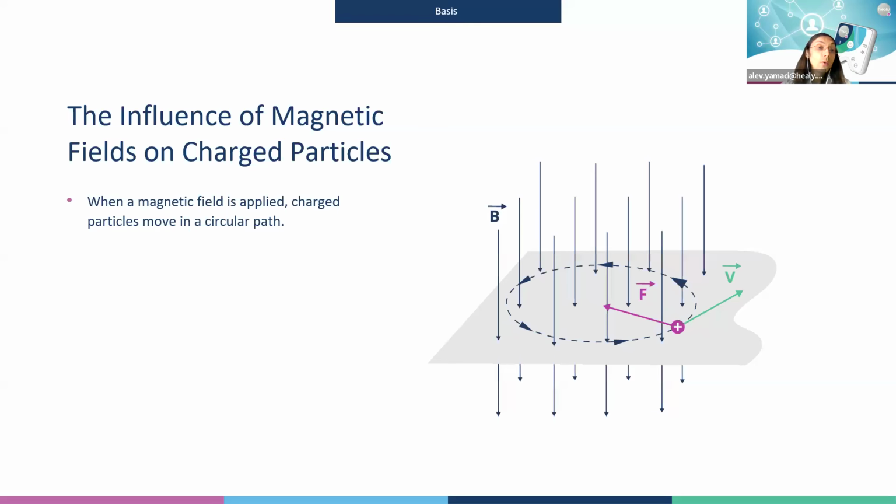Now, how do magnetic fields influence charged particles? That's a very important part, because it's usually how do magnetic fields work? How does the MagHealy work? At the end of the day, as I told you, a magnetic field can create currents or can influence charged particles. So if you put the MagHealy on your body, of course, you have lots of charged particles in your body: all the molecules, also the cells.